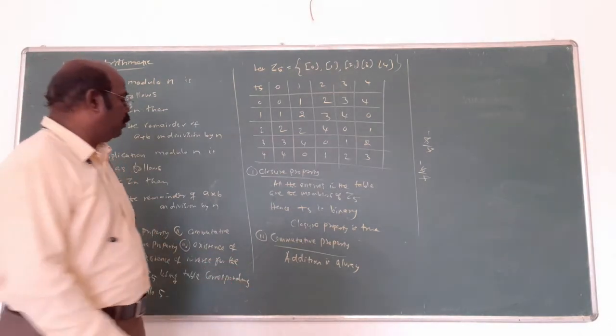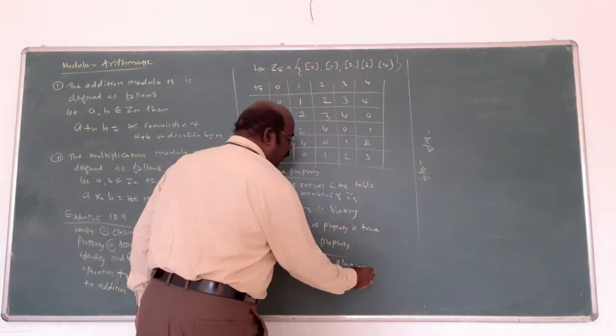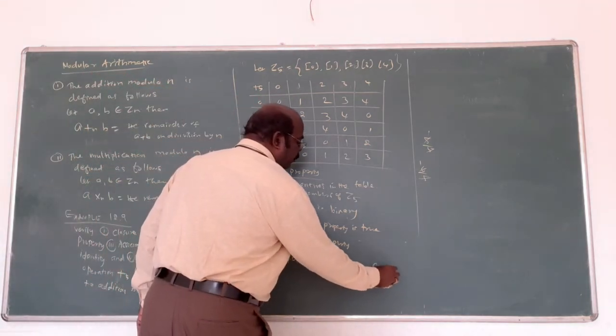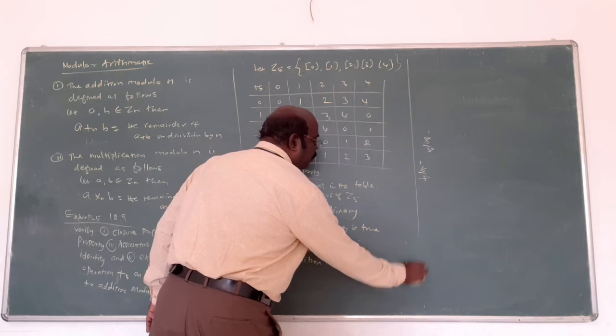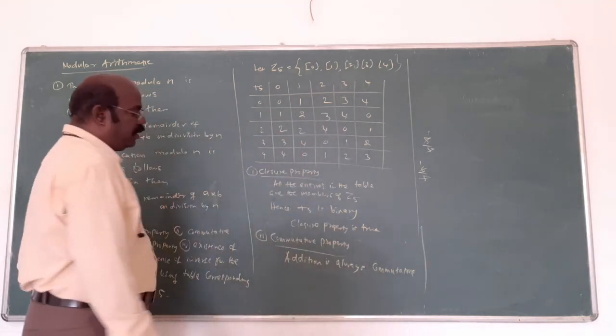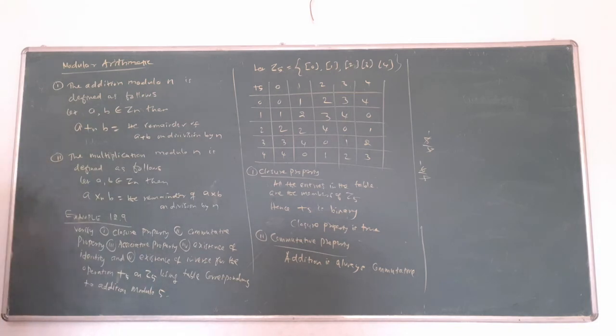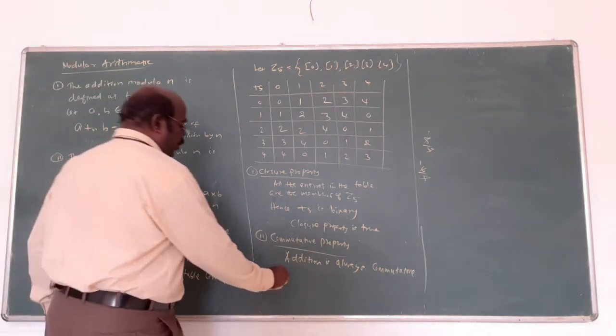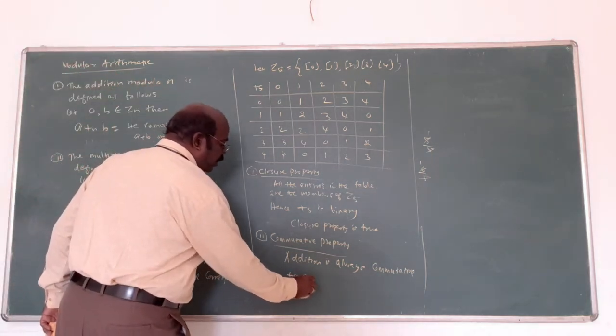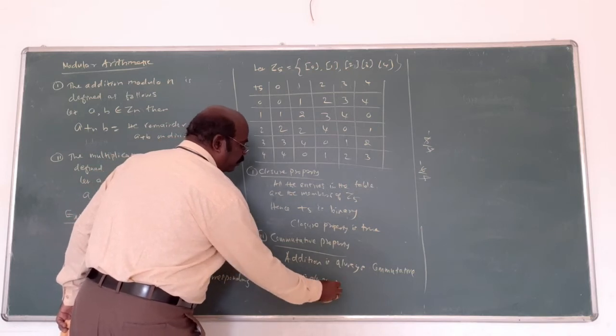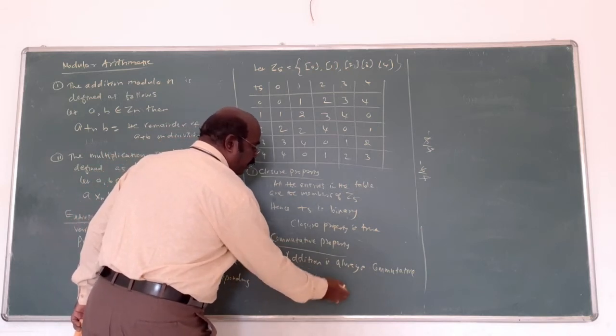That's why commutative always. This is addition modulo 5. Therefore, plus 5 is always commutative.